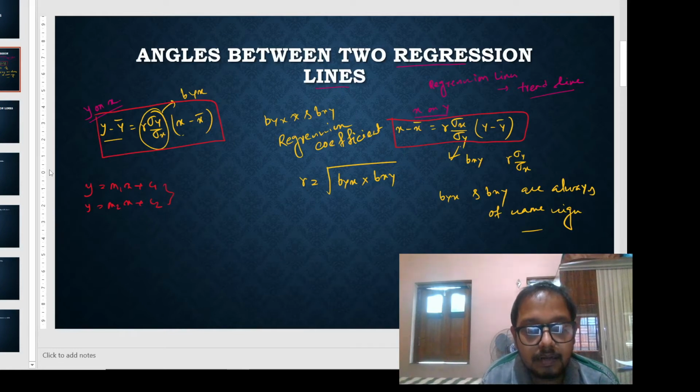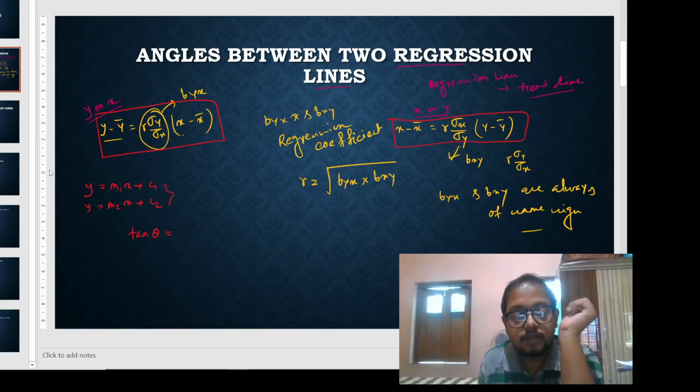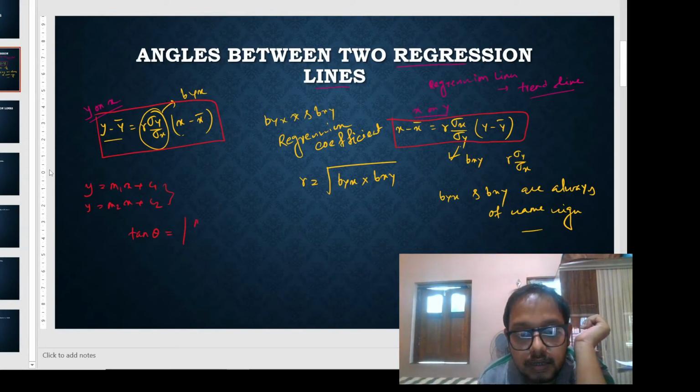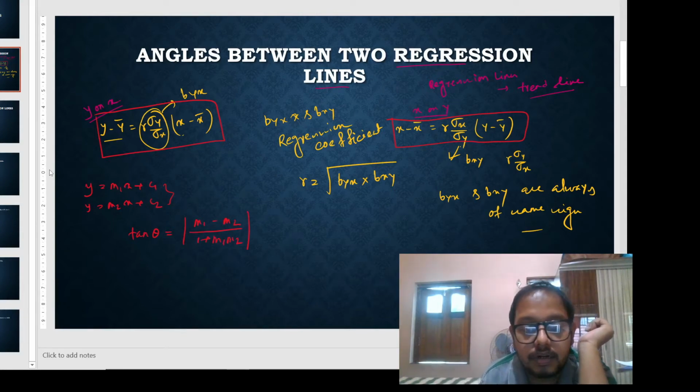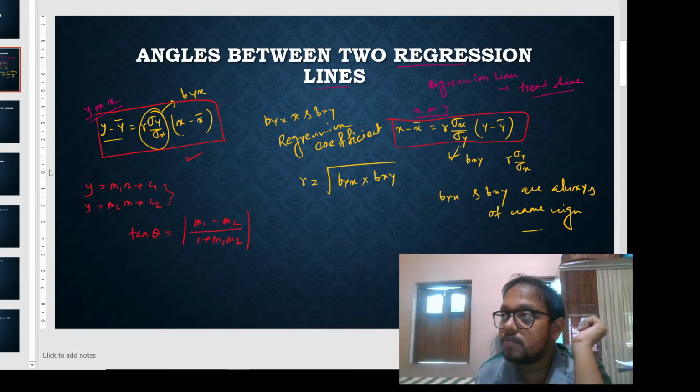The angle is defined by tan theta equal to the modulus of m1 minus m2 by 1 plus m1 m2, where m1 and m2 are the gradients of the straight lines. Regression lines are also equations of straight lines.